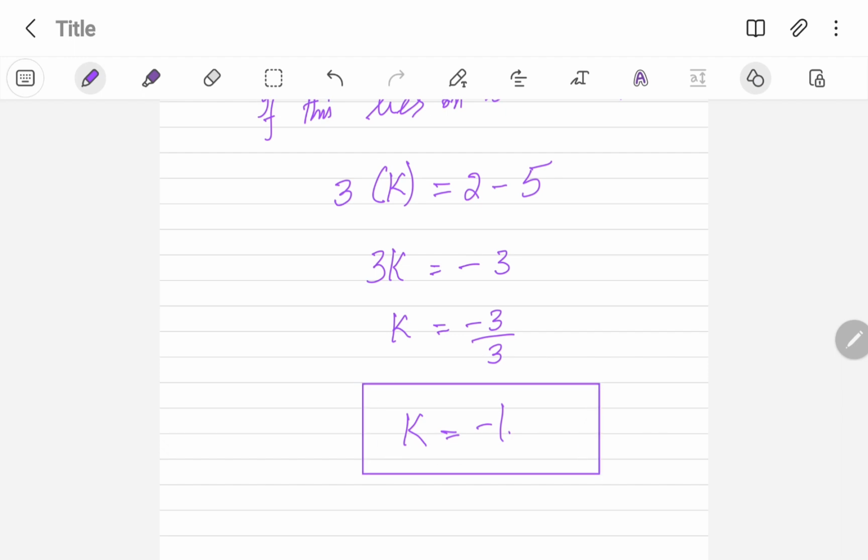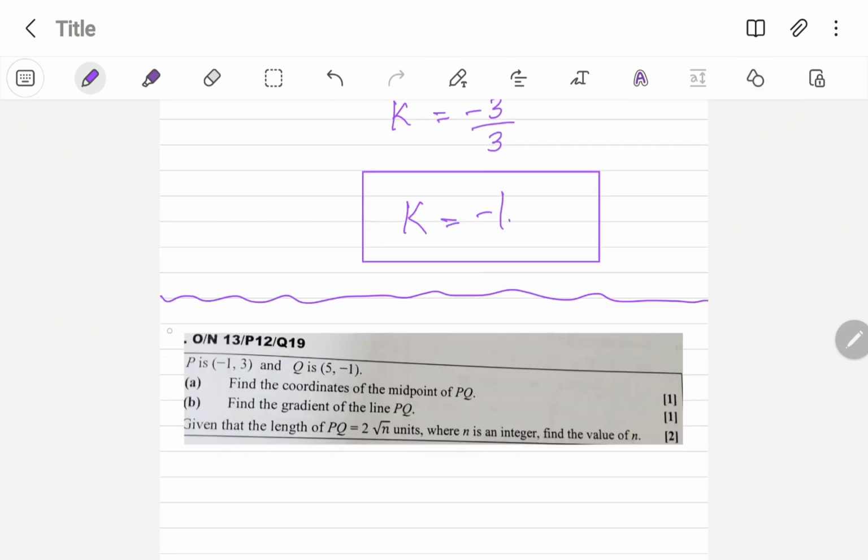Next, we are going to one more question. Next is the question October November 2013 variant 2, and it is question number 19. P is the point that has the coordinates minus 1 and 3, and Q is 5 comma minus 1.